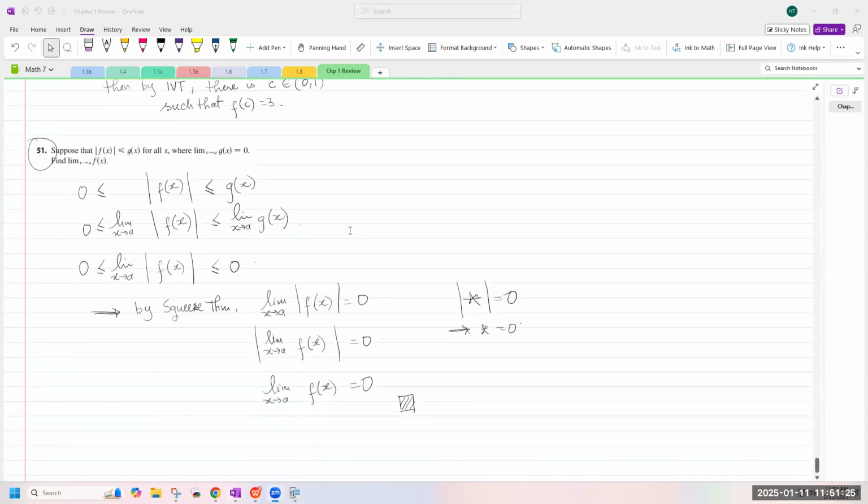Now, just remember that absolute value is always non-negative, so it already has a lower bound. The information they give us here is the upper bound, and therefore we can squeeze that down to 0.